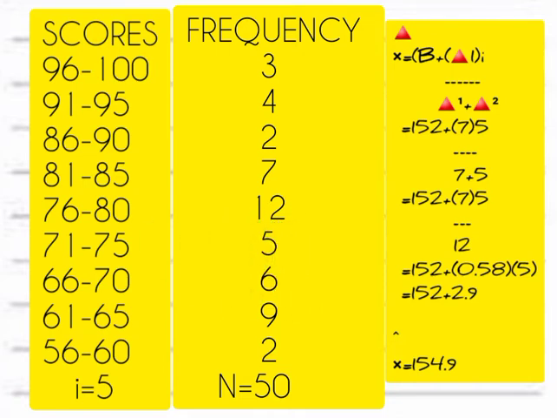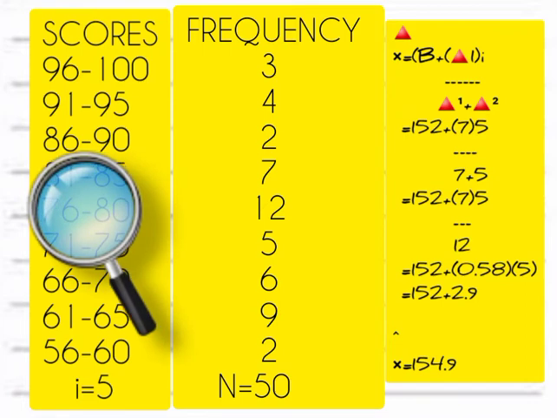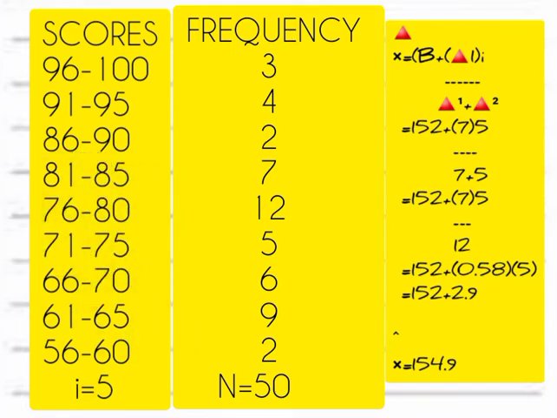So we do 12 minus 5, and we get 7. Over delta 1, that is 7, plus delta 2. The next upper class after 76 to 80 is 81 to 85, with a frequency of 7. So 12 minus 7, we have 5. Times the interval, 5.